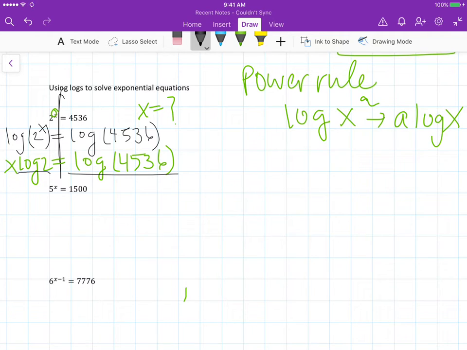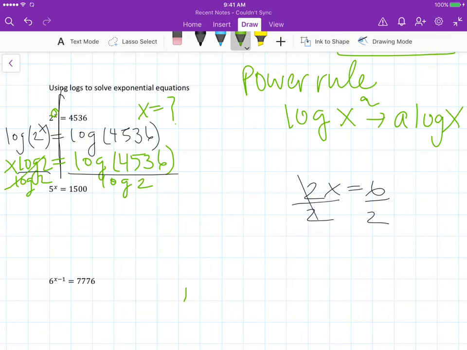So if I wanted to isolate for x, well, just like if it was 2x equals 6, I would divide by 2 on both sides to get rid of that and have x alone. Same thing I can do here. I can just divide by the log of 2 on both sides because log of 2 over log of 2 is just 1.